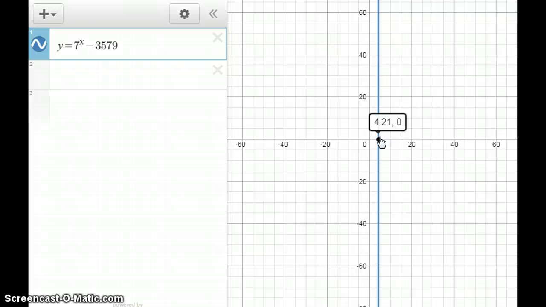Where it crosses the x-axis, we have 4.21, which we'd round to 4.2. Okay, so those are the two different options for graphing.